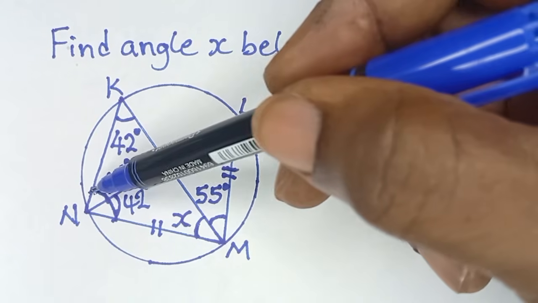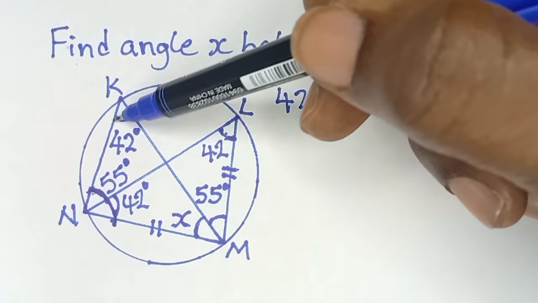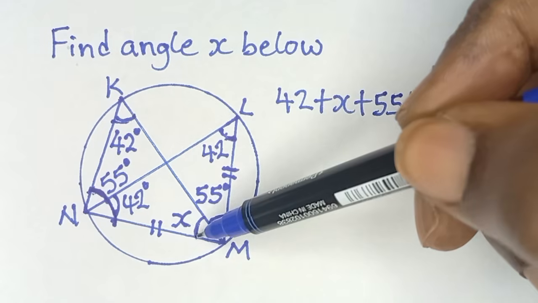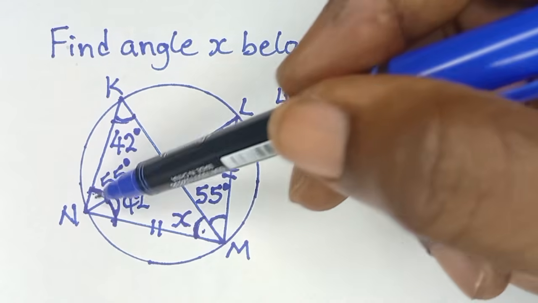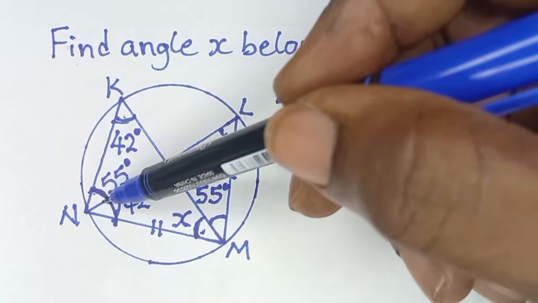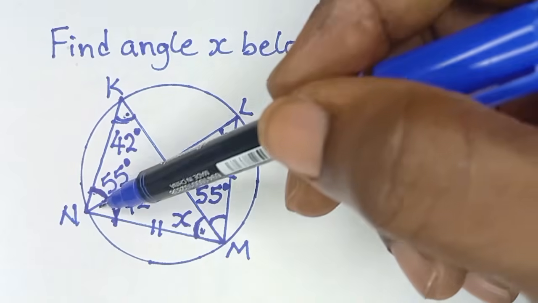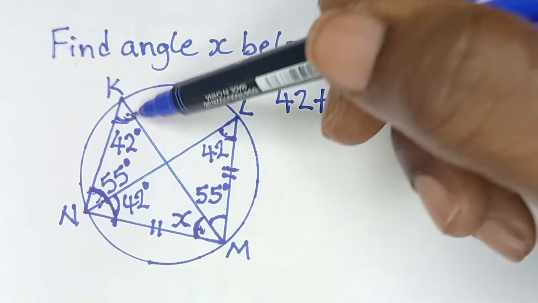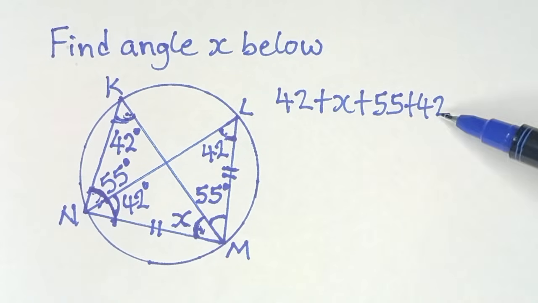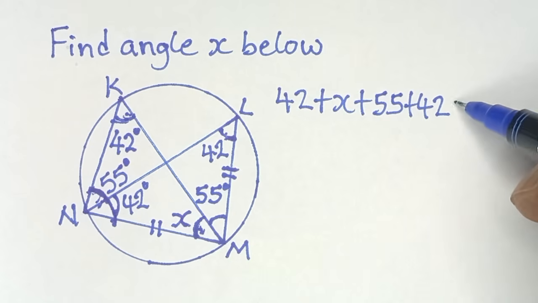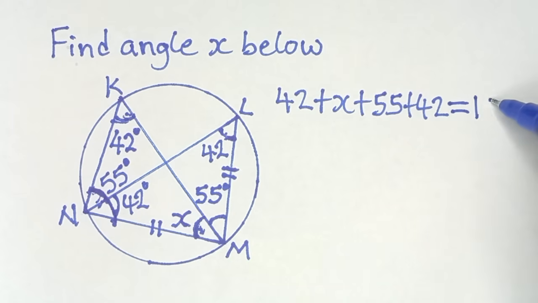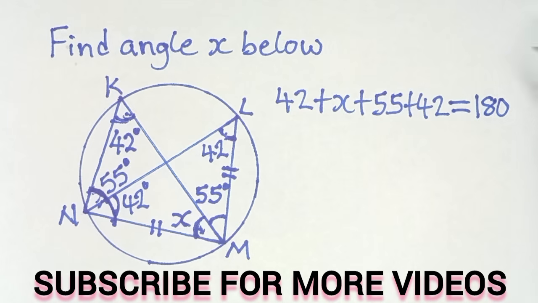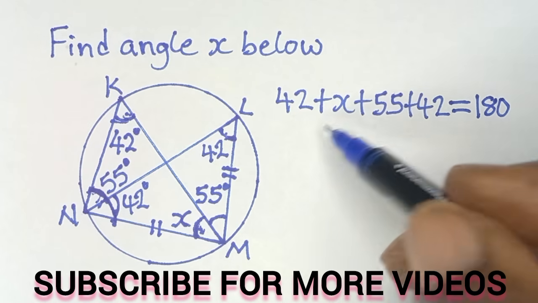So these three angles, which are this full angle, this second angle 42, and this third angle X, together form the three angles of this triangle. And the sum of angles in a triangle adds up to 180. So the three angles that I've written here now, together they all add up to give 180 degrees. Sum of angles in a triangle is 180. So I have my X here.